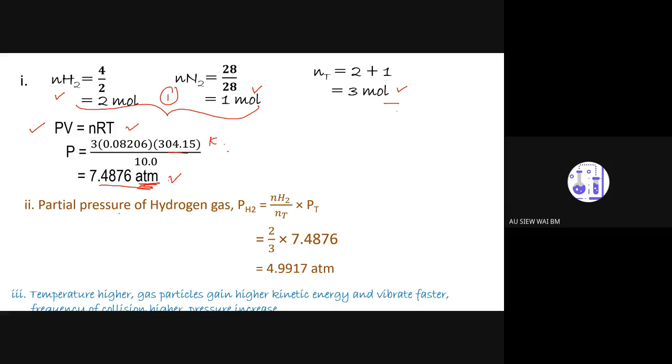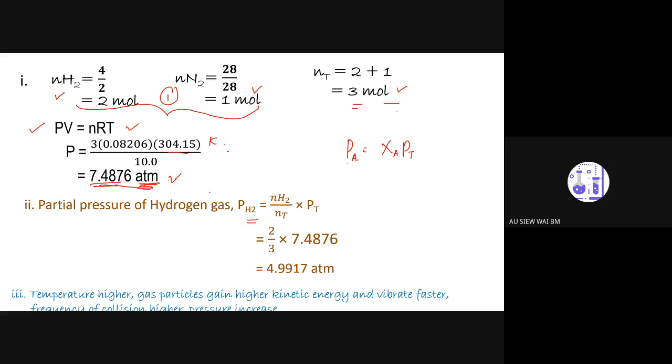Second part, the partial pressure of the hydrogen gas. You need to get the partial pressure. So you should have the P total already, and you have the n total. So you can use the formula. Do you know what formula this is? Dalton law. Partial pressure for gas A equals mole fraction of A times total pressure.